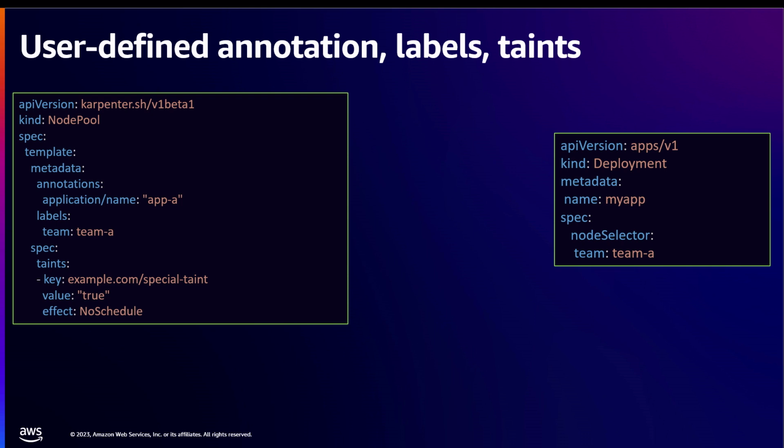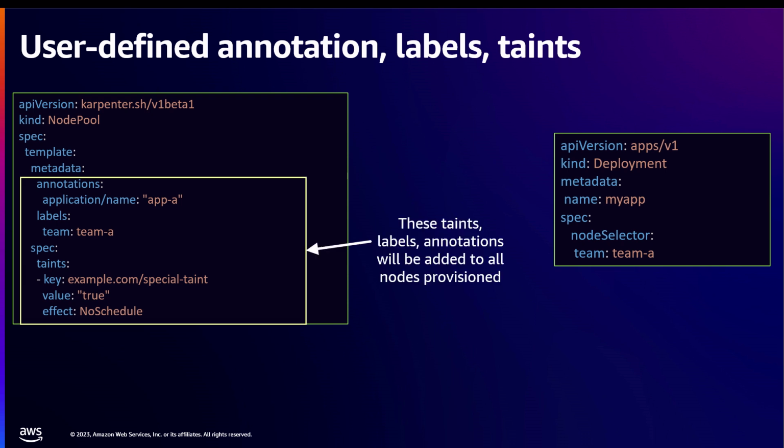On the left, there is an example of a node pool where for every node that's coming up, I'm attaching the label team: team A. On the right, you can use that to use this node pool to schedule the pods provisioned by this. So this is a good way to think about it: if I have 3 teams, you put a label team 1, team 2, team 3, and for their pod definitions, you schedule respectively.